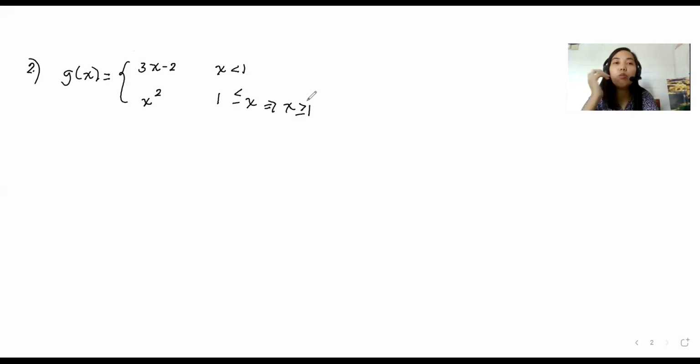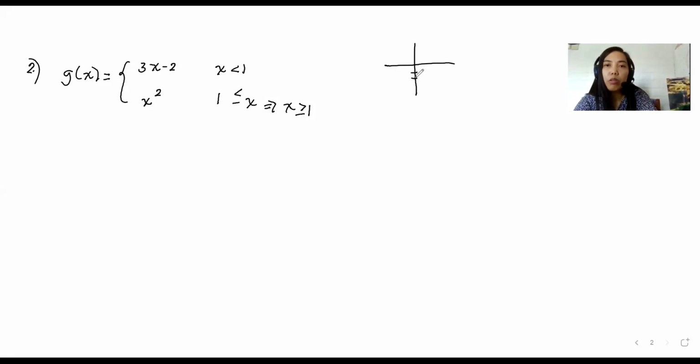So how are we going to graph? The first one, obviously it's a line again. It's pointing to the right since the slope is positive. And the y-intercept is negative 2.